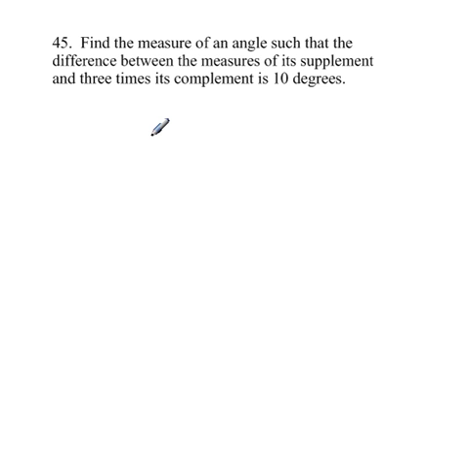Now at the bottom of page 137 in your textbook, you get the information that if the angle that you're working with is x, and the complement of that angle, and remember a complementary angle is two angles that add up to 90 degrees, the complement would be 90 minus x.